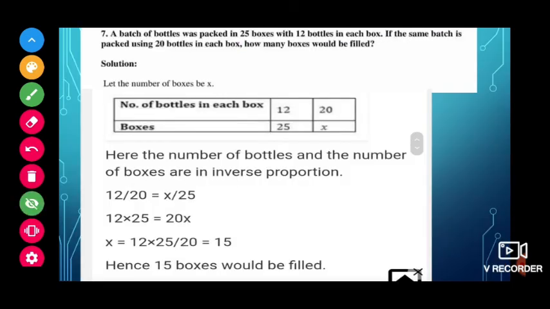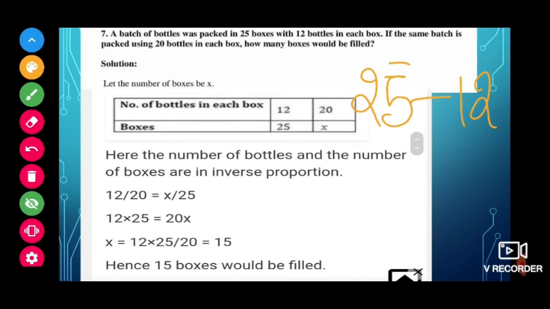A batch of bottles was packed in 25 boxes with 12 bottles in each box. If the same batch is packed using 20 bottles in each box, how many boxes would be filled? Here, 25 boxes, and each box has 12 bottles.